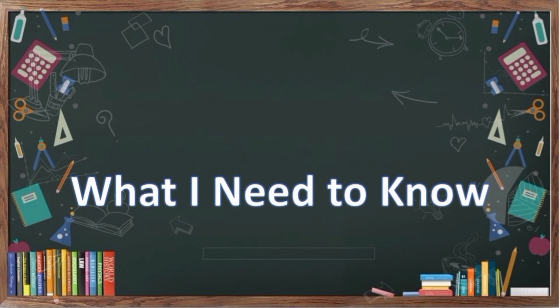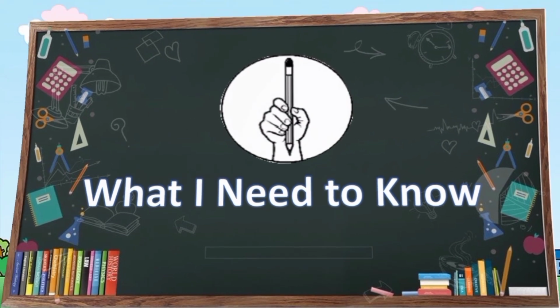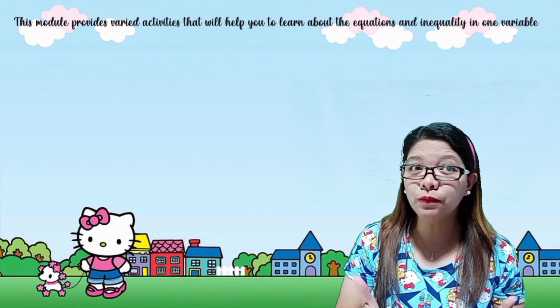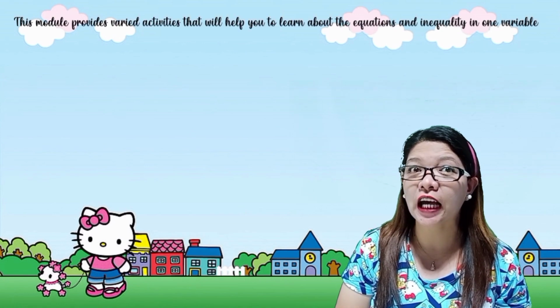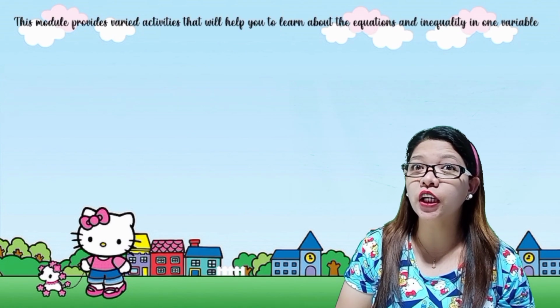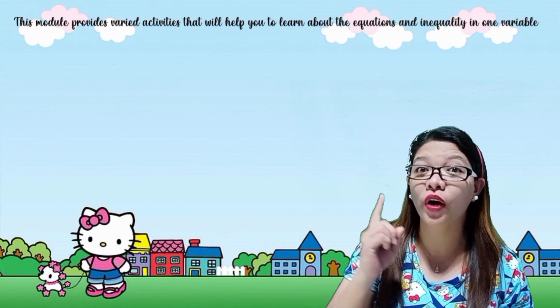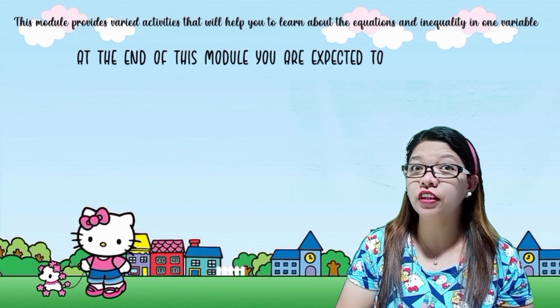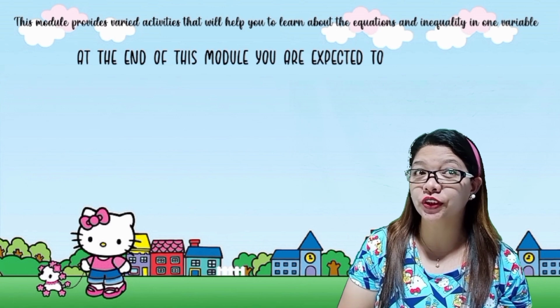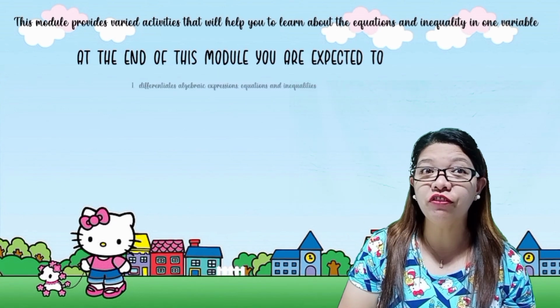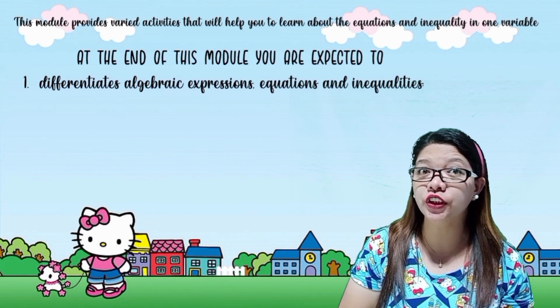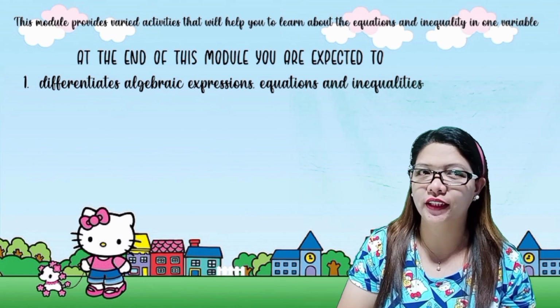What I need to know. This module provides varied activities that will help you to learn about the equations and inequalities in one variable. At the end of this module, you are expected to: number 1, differentiate algebraic expressions, equations, and inequalities.